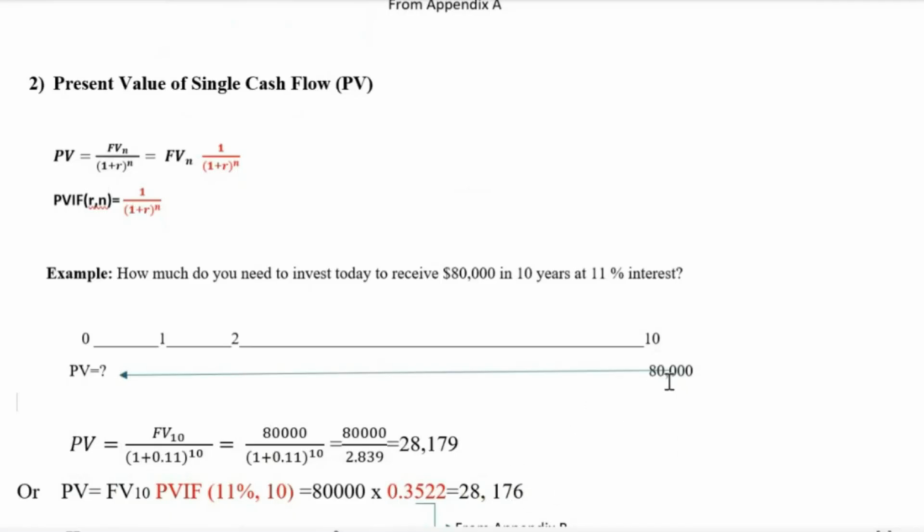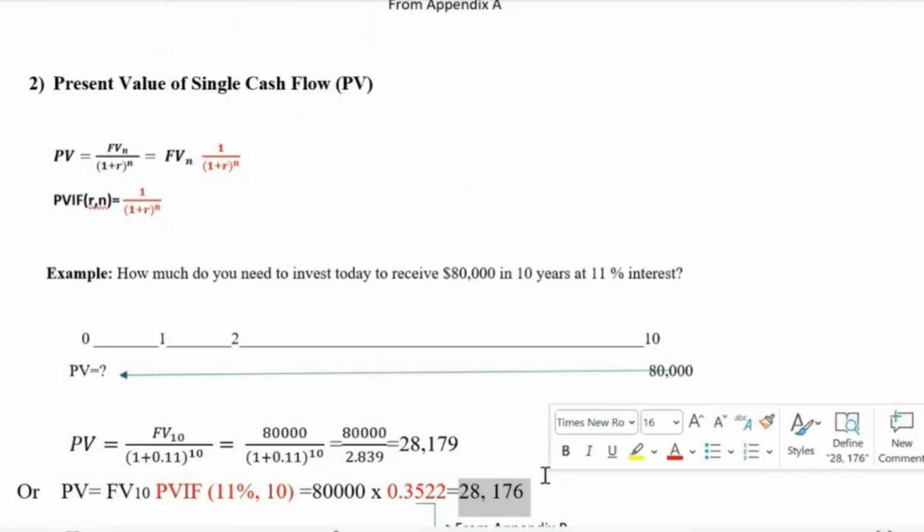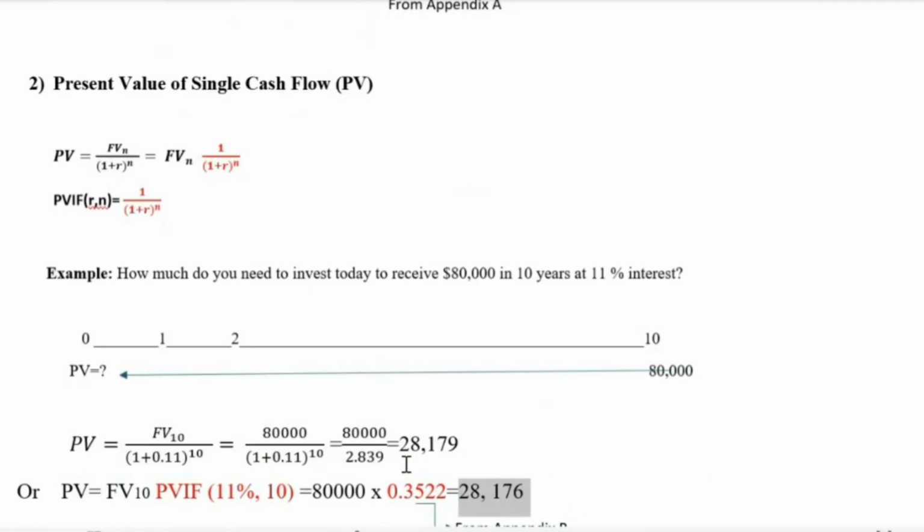So if you need $80,000 in 10 years, you just multiply by 80,000. The answer is the same, slightly different because of a rounding error. You shouldn't worry about that. So the future value and present value of a single cash flow are our building blocks. With this, we can solve a lot of complicated problems.